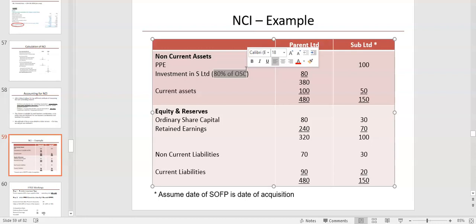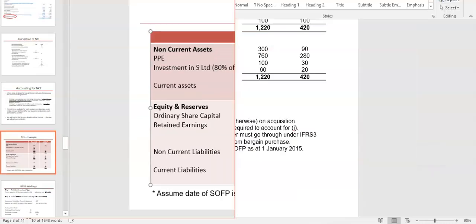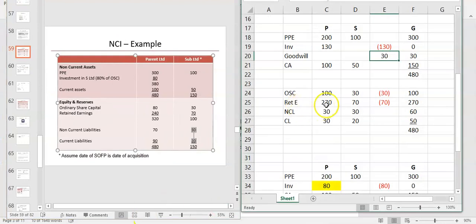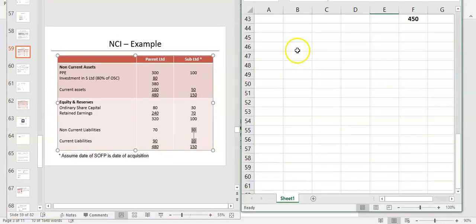So it is a subsidiary. That means all the assets and all the liabilities are going to be consolidated. But let's have a look now, and we'll bring it up in Excel here. Let's have a look at how we're going to measure goodwill. So in the goodwill calculation here, you're going to look at your investment, and you're going to look at the NCI, and then we're going to look at net assets at acquisition.